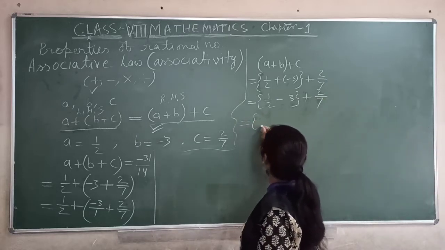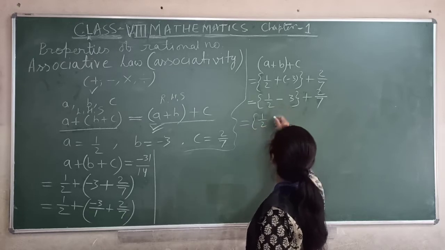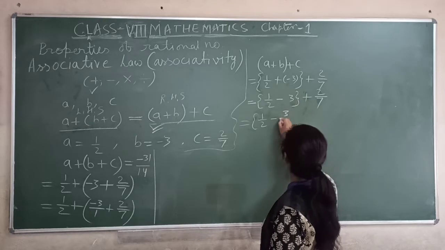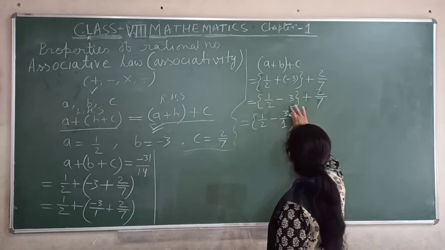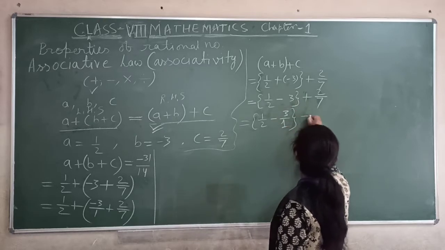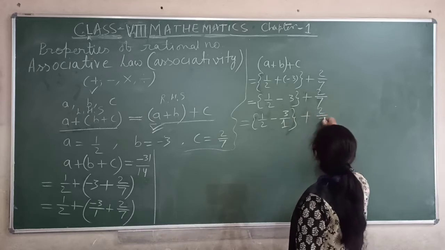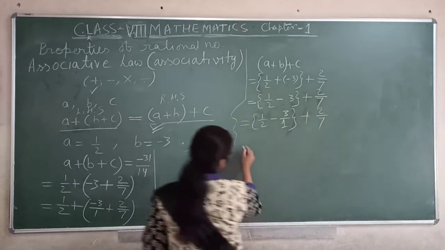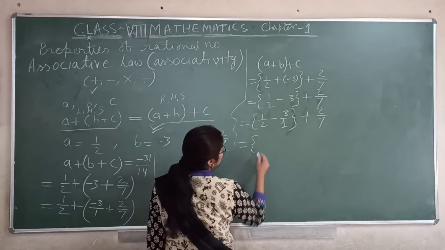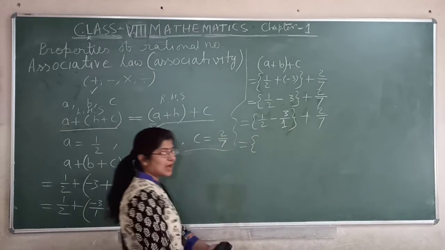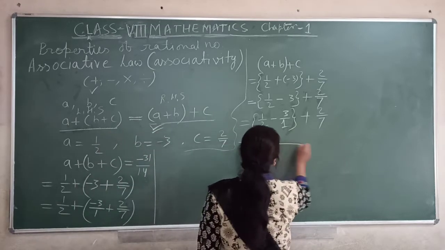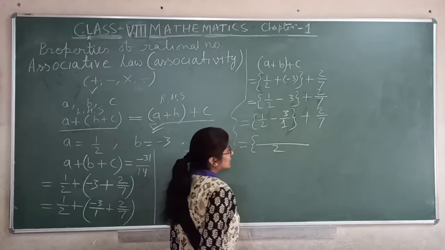Now bracket 1 by 2 minus, look, 3 whole number. So you can write 3 upon 1 bracket close plus 2 by 7. Okay. Now look, bracket. Now you have 2 and 1. I told you when you have 1 and any number, so greater will be LCM. So 2 will be LCM.